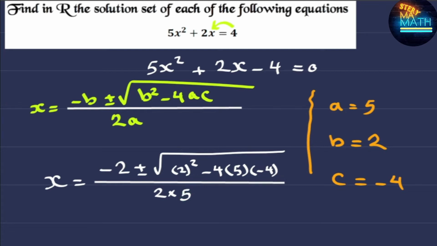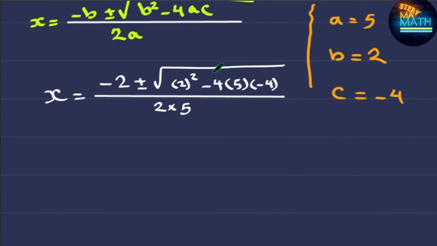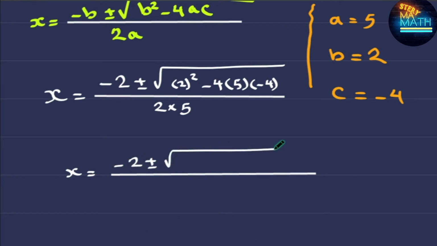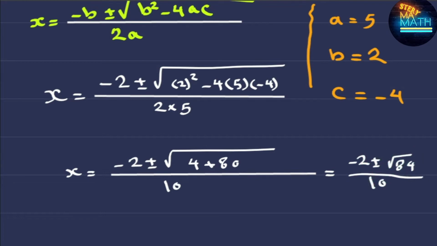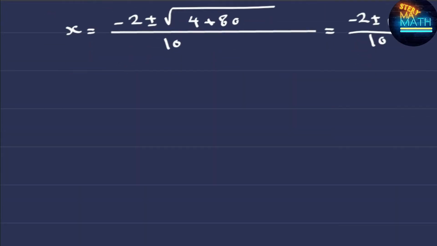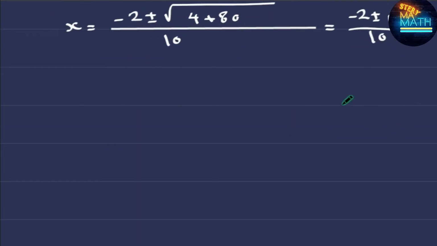2 times 5. All right, so negative 2 plus or minus 2 squared, which is 4, and negative 4 times 5 times negative 4 is plus 80, divided by 10. Now 4 plus 80 is 84, so negative 2 plus or minus the square root of 84 divided by 10. But you can simplify the square root of 84, right?